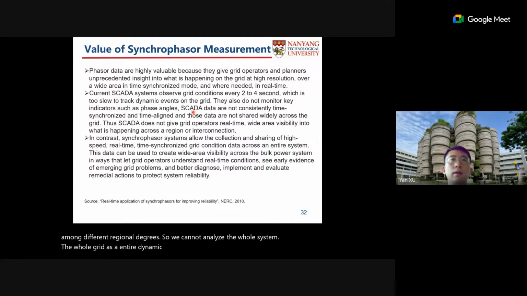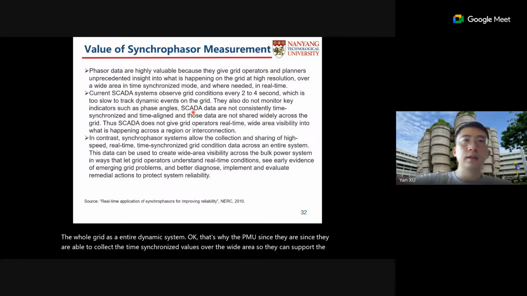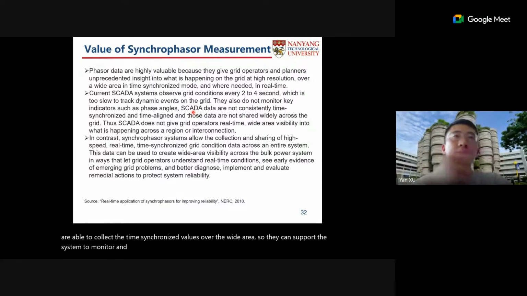That's why the PMUs, since they are able to collect time-synchronized values over the wide area, can support monitoring and control at the entire system level.